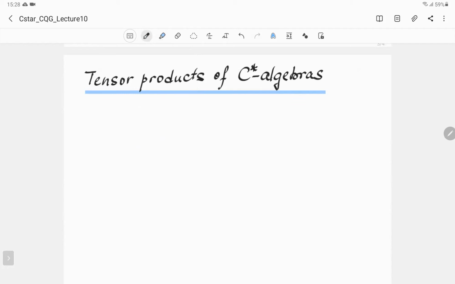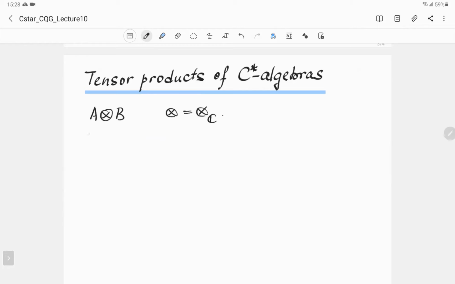Roughly our goal will be to make the tensor product of two C-star algebras into a C-star algebra. And of course, all tensor products here are taken over the field of complex numbers. Our strategy will be as follows.